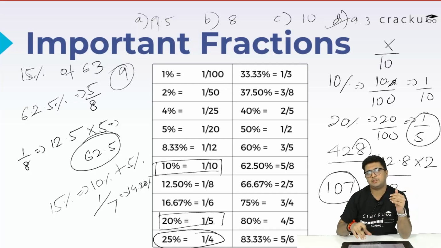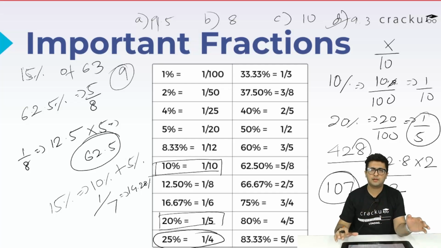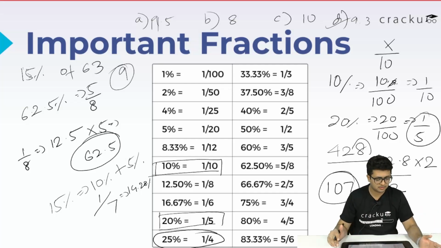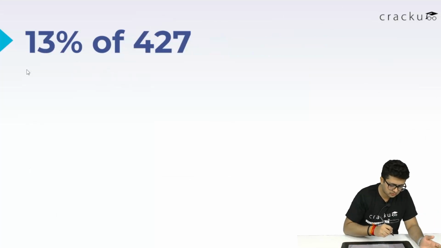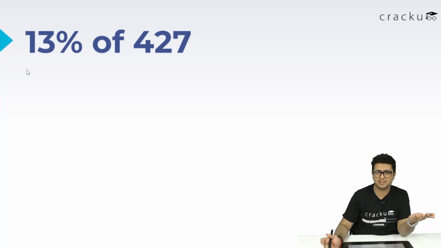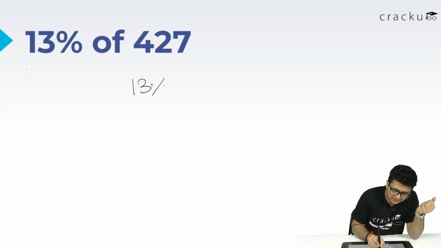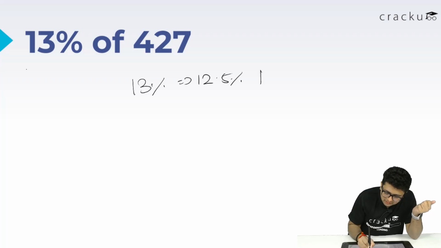Now let's use these fractions to understand the complement method to approximate percentages to the best of our abilities. Now we have a problem in front of us where we have to calculate 13% of 427. Now 13% is an odd number to calculate, isn't it, right? 13 is a prime number also. But if I write 13% as 12.5% plus 0.5%.